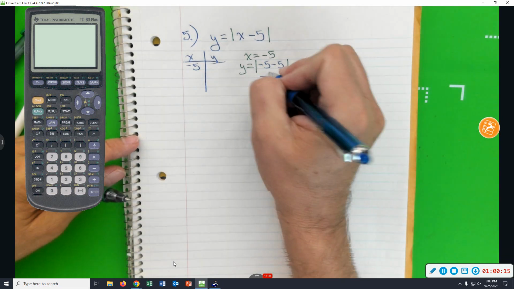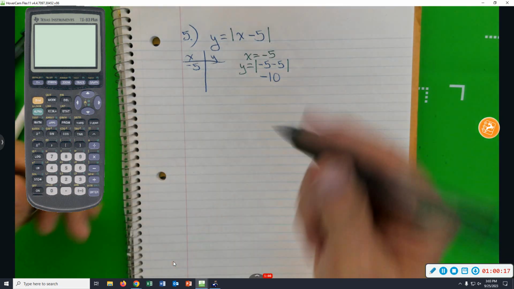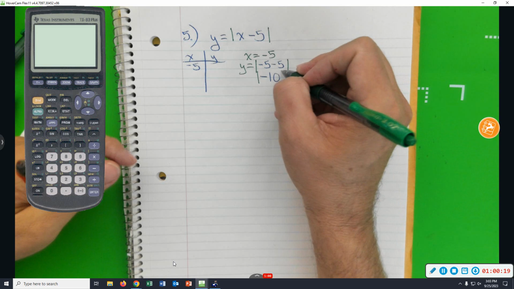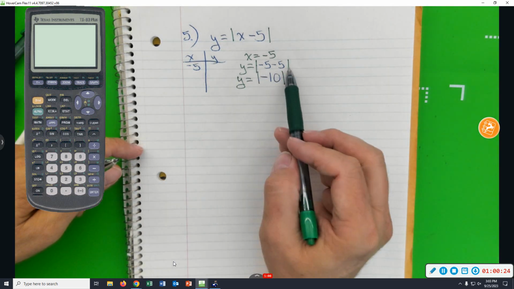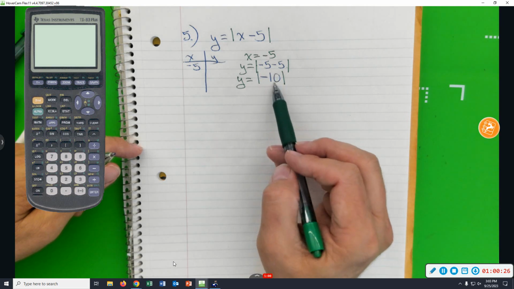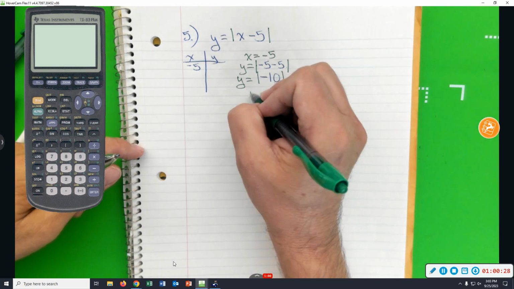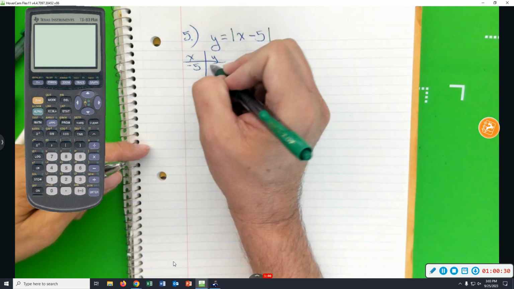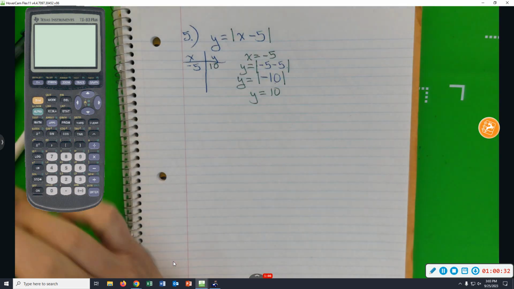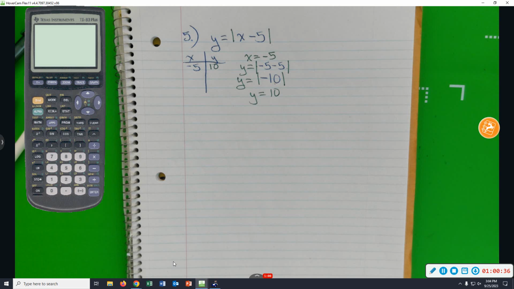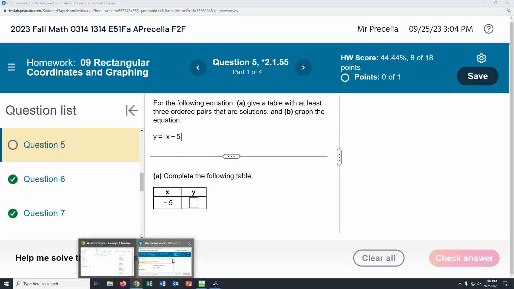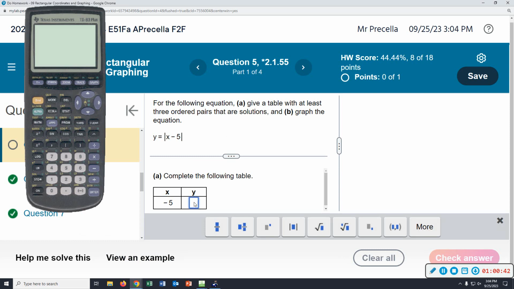That's a -10. But what do you have to do to that -10? Make it positive. Okay, the absolute value of -10 is a positive 10. Good. So we have the first ordered pair, -5, 10. Let's come over here. -5, 10.